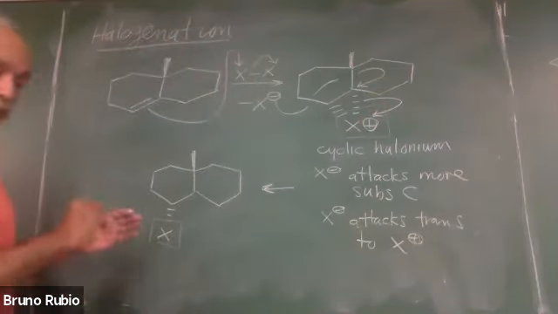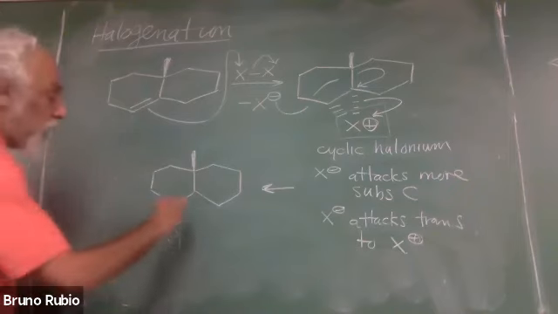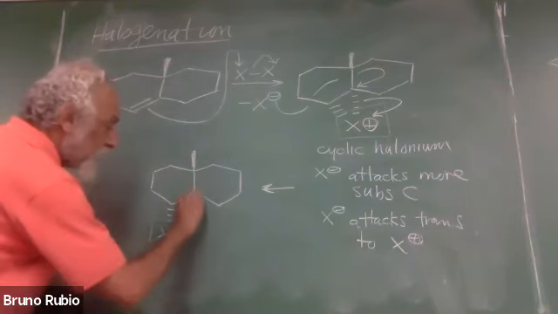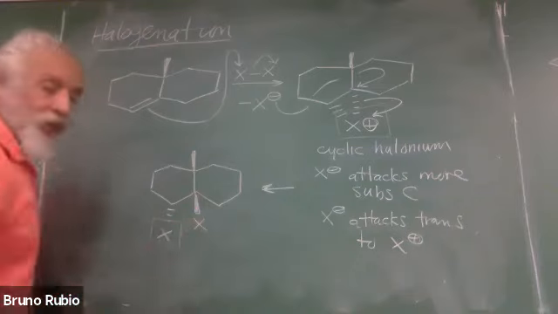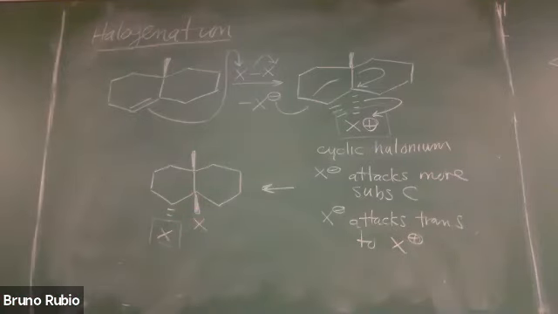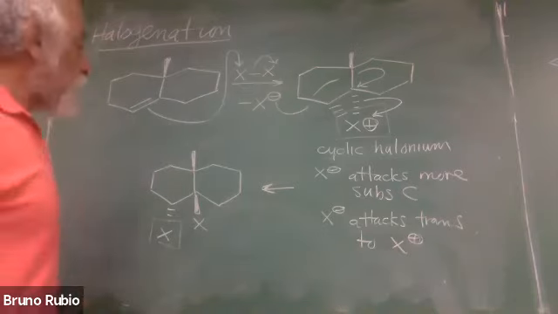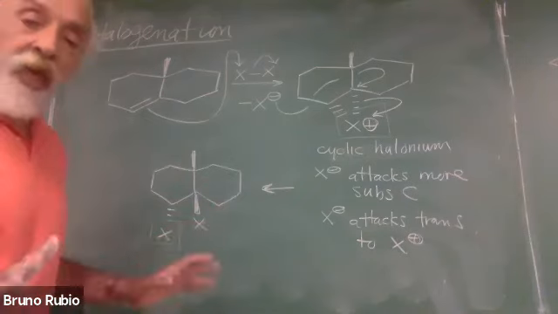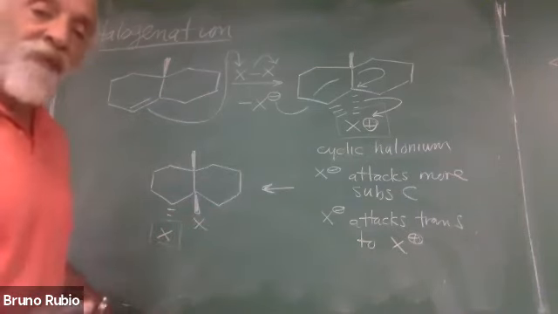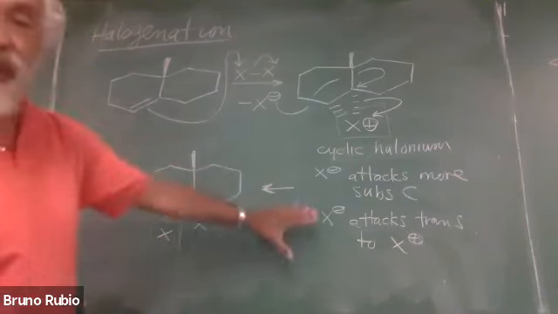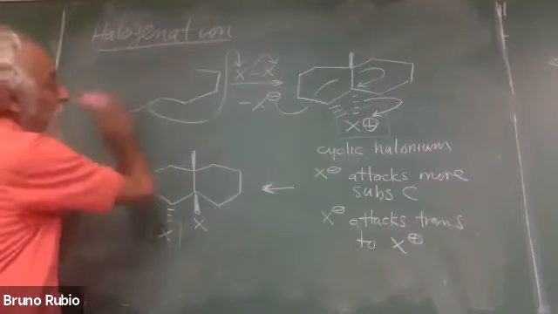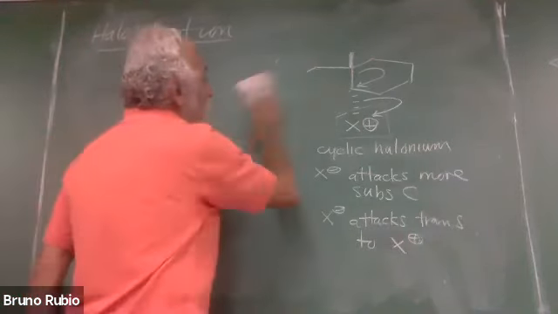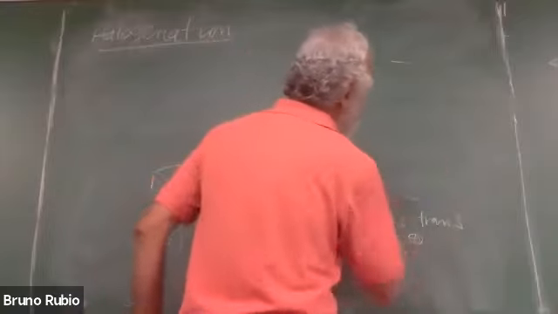It wants to be busted open to relieve the strain. And the new X came in over here. And so notice that the stereochemistry is trans or anti. All right, so it's a very nice mechanism because it requires some visualization, and we also have these characteristics of the reaction that we need to keep in mind.